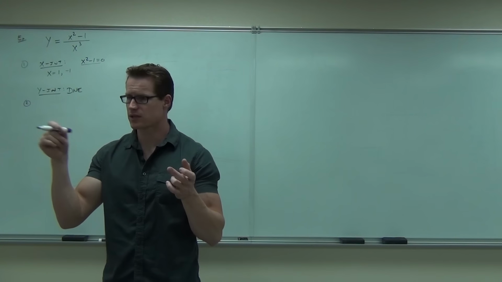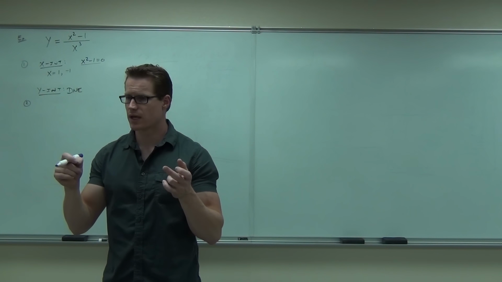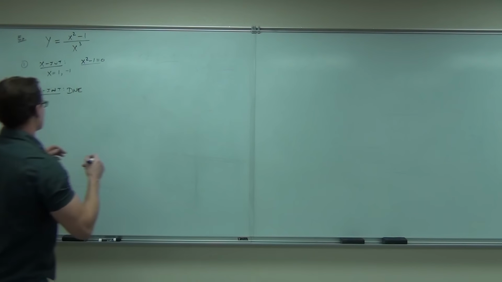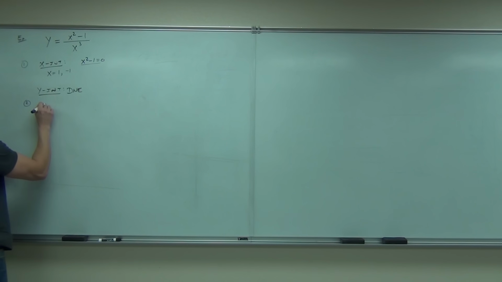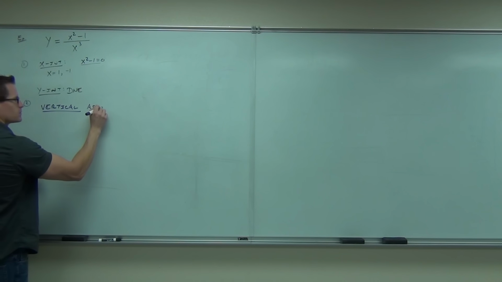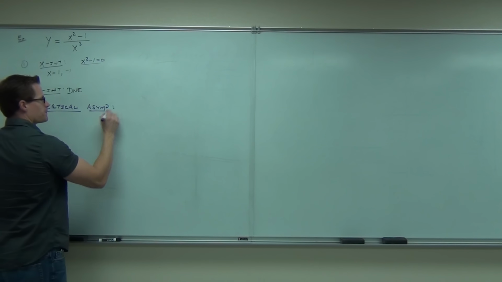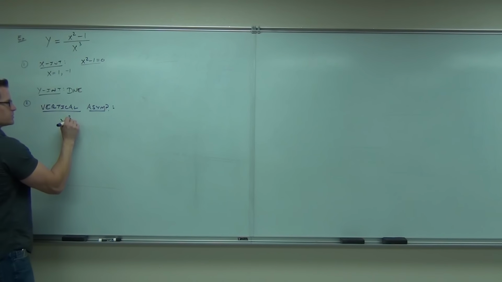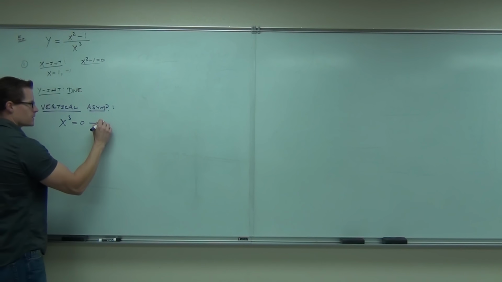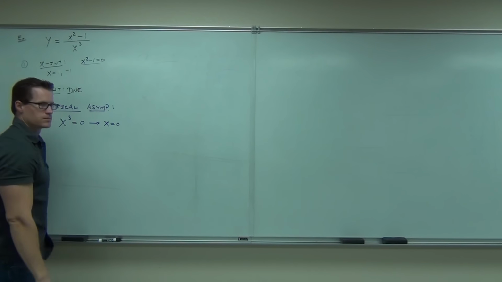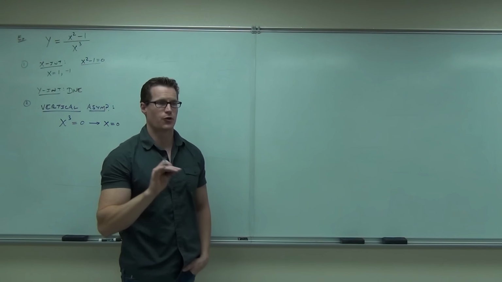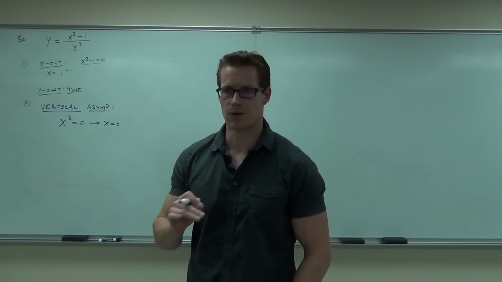Can you cross out the x cubed with anything? So then what that says is there's a discontinuity, a vertical asymptote, occurs where x cubed equals 0. Or in other words, x equals 0. That's going to give us a vertical asymptote at x equals 0.